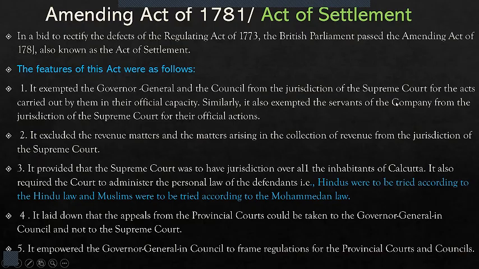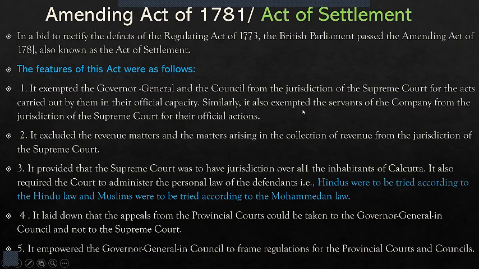Okay, are you getting it? So if they do anything wrong, then the British government will do something, but the Supreme Court has no power to give justice to others or try them in a trial. There is no such capacity of the Supreme Court here.